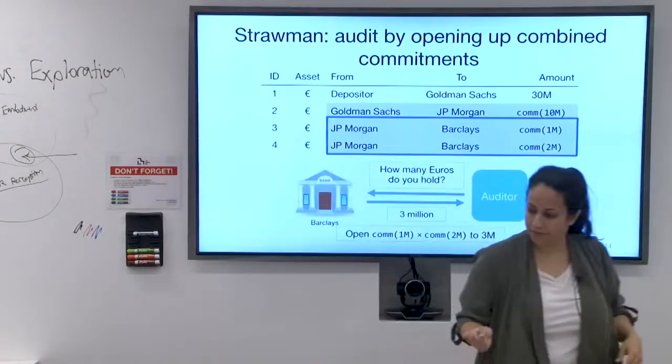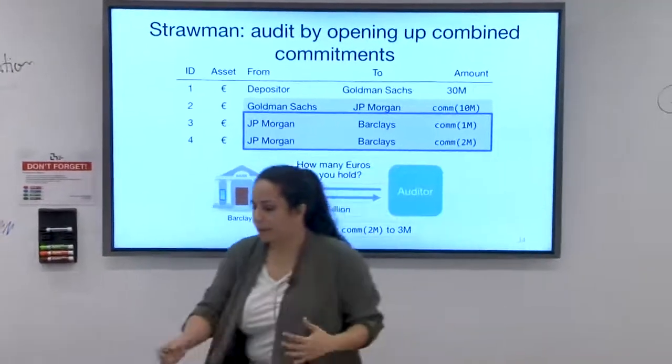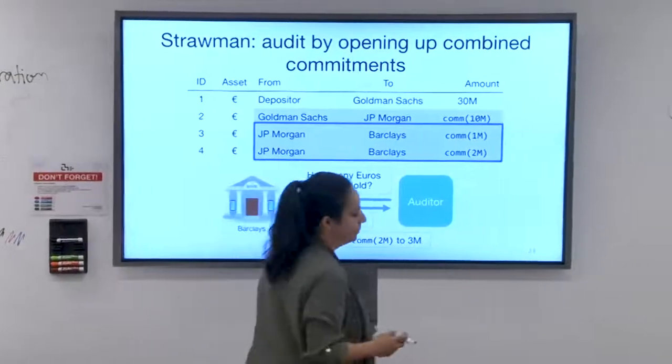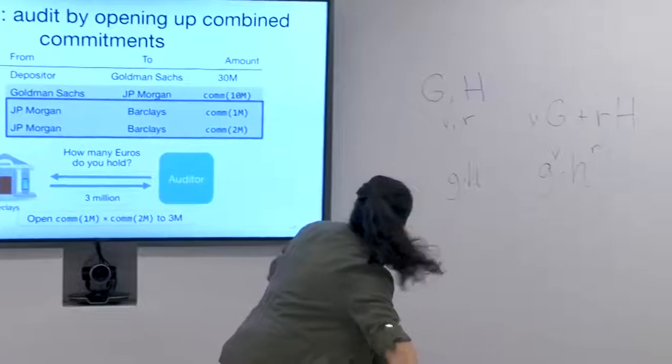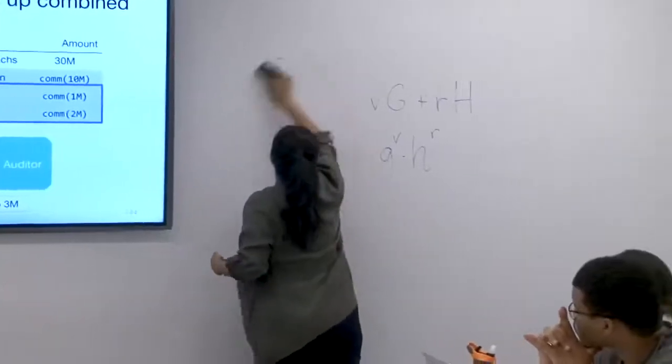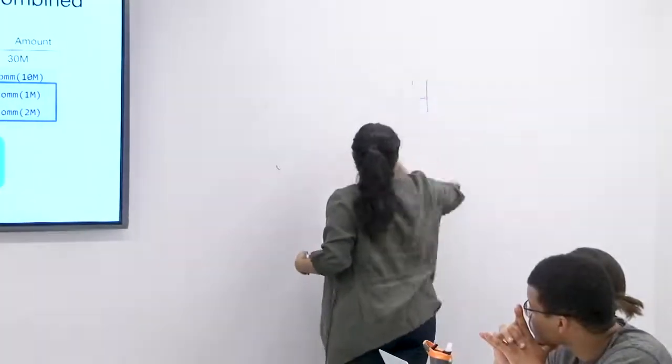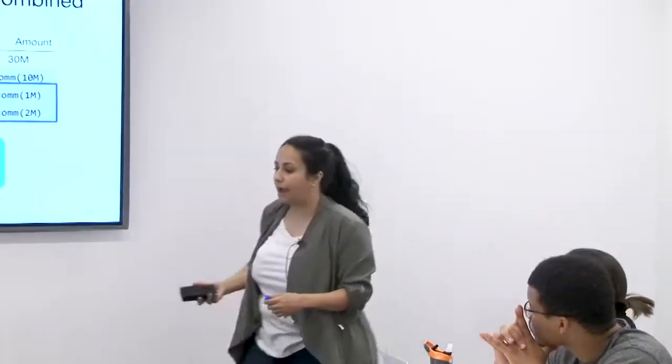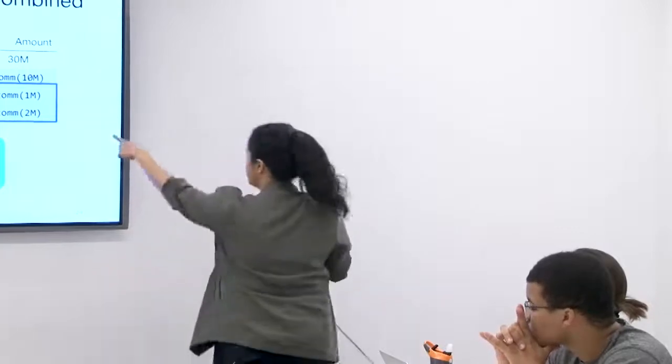I don't actually have this on a slide here, but I will write out what this means. We have 2 transactions and 2 commitments.